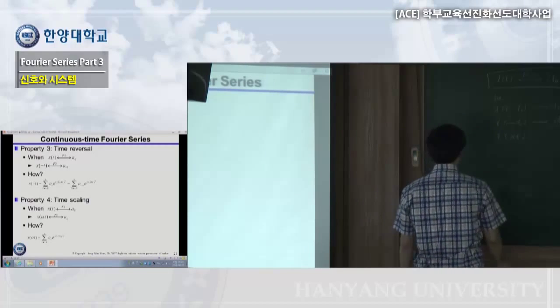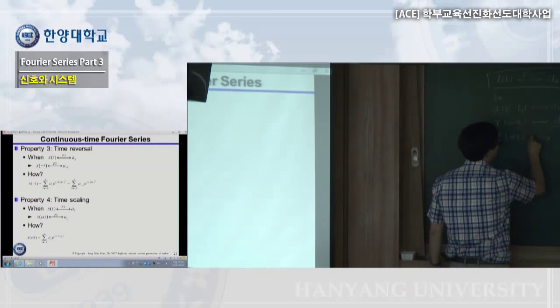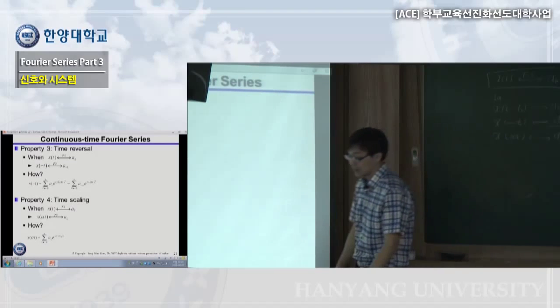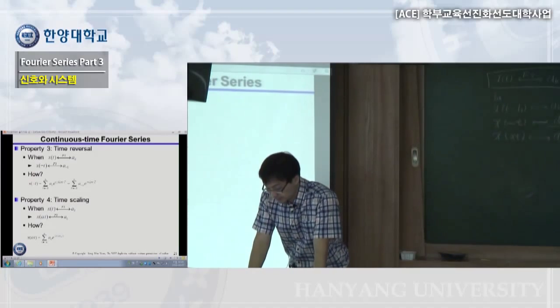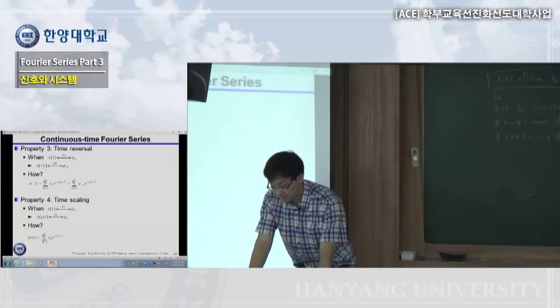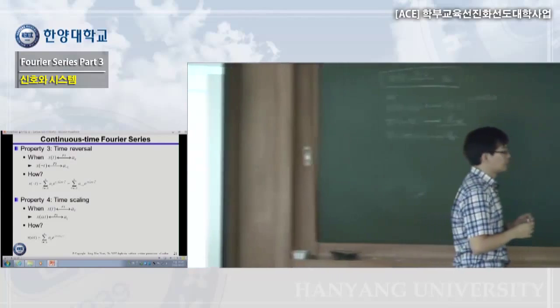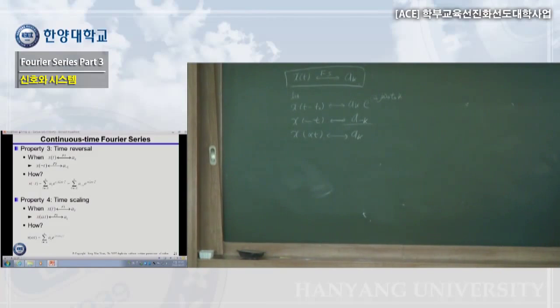And what's the output? Surprisingly, they are the same. How? We put them here.